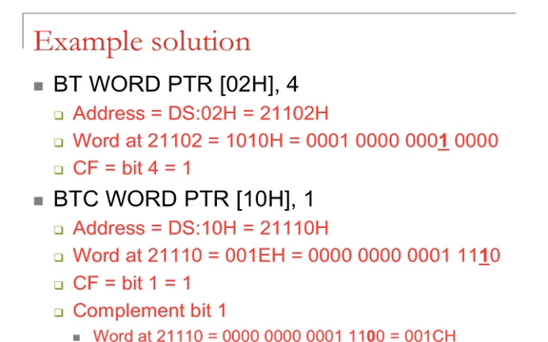After doing the address translation, we know the linear address is 21102, because we did shifting and addition. The word at this address is 1010 in hexadecimal, and if you represent the same value in binary, you can figure out that bit 4, that's this bit, is actually a 1. So you will save the 1 into the carry flag.